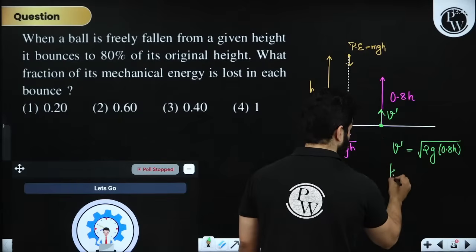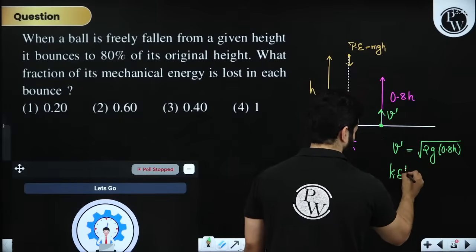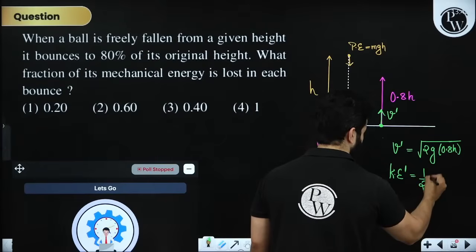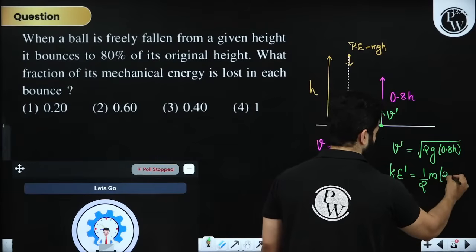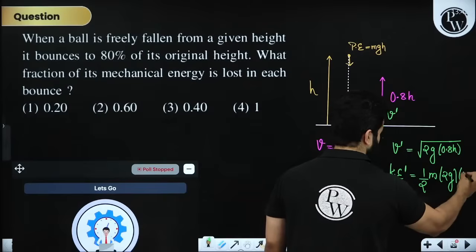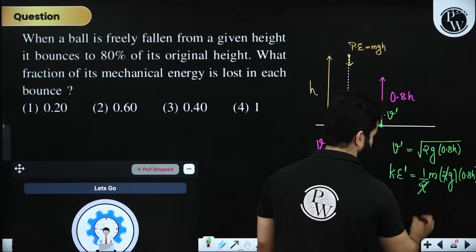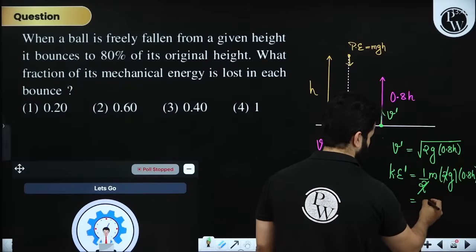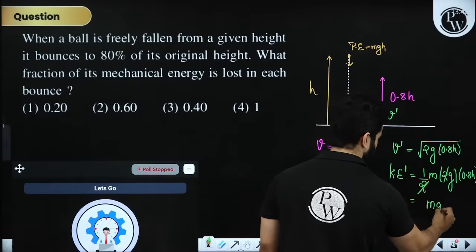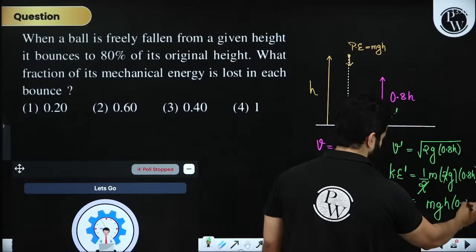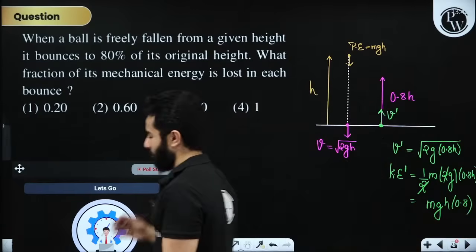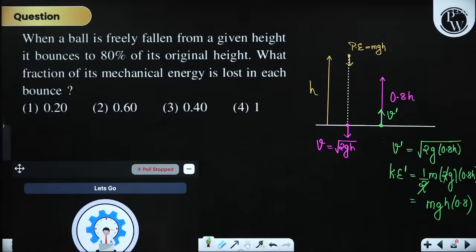So the kinetic energy K dash is going to be half m v square, that is 2g into 0.8h. Got it, dosto? So this gets cancelled out and you are going to get mgh and 0.8. So please, I have done each and everything for you. Now answer what's going to be.